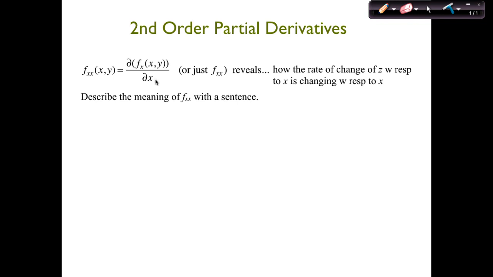Good, right? So the amount that the partial derivative will change will be this rate times as much as how much you change in x. So given any small change in x, the change in our rate of change with respect to x is going to be fxx times as much as dx.